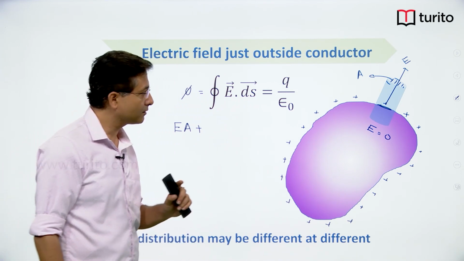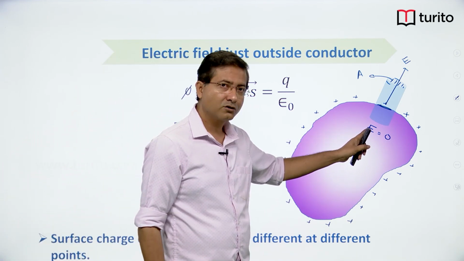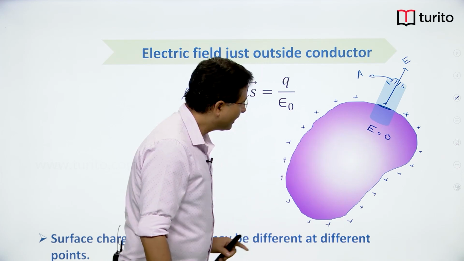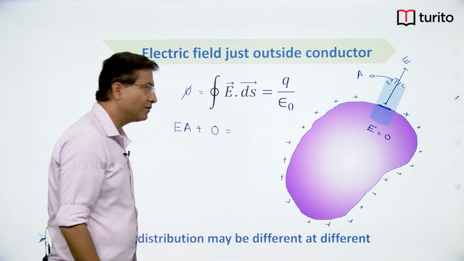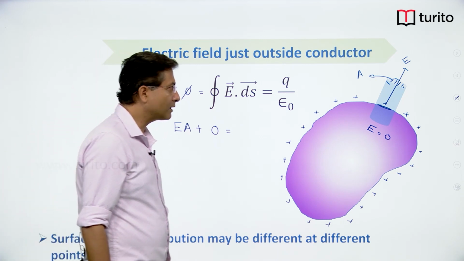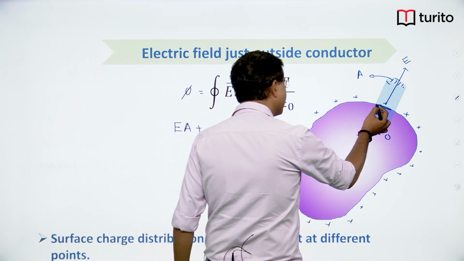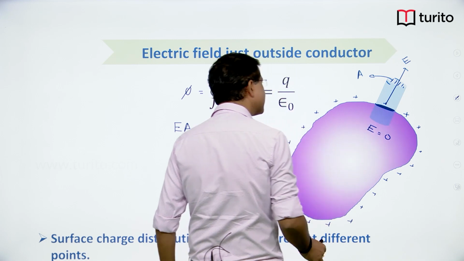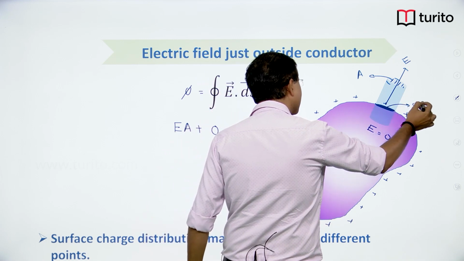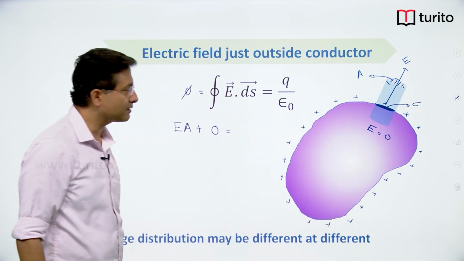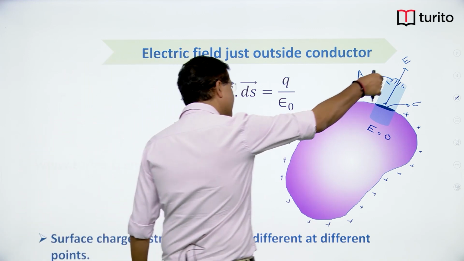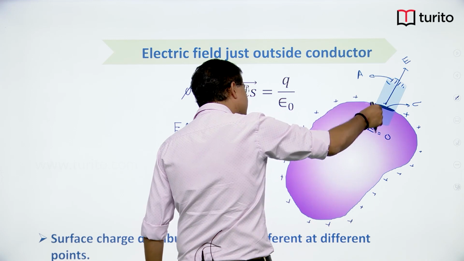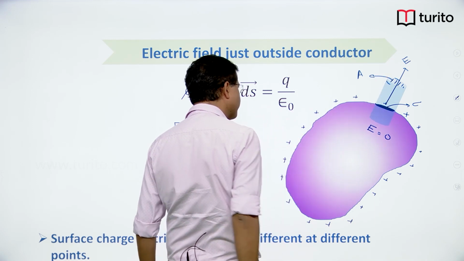The first point was that the field inside the conductor is 0. So, I am using the first point here: as the field itself is 0, the flux associated will be 0. That will be equal to the charge enclosed. Let the local surface charge density be sigma. This is a very small cylinder just passing through the conductor, some part outside and some part inside, right.